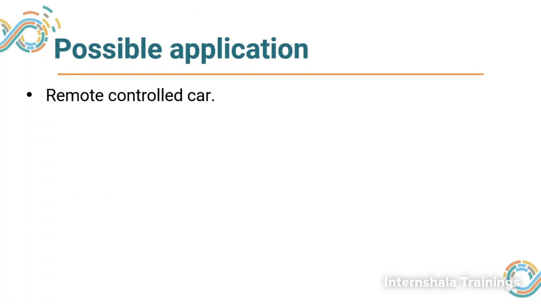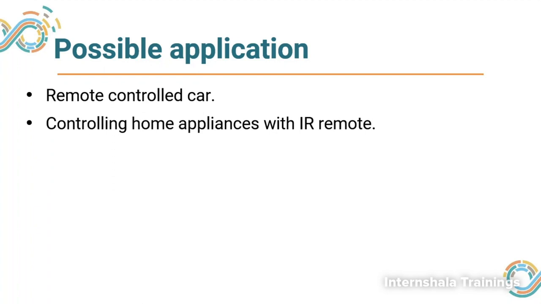A very simple getting started application for remote control is a remote controlled car, where you use up, down, left, right arrows to control its movement. You can control your home appliances also, switching them on or off using the remote. You can make useful hobby projects like a pet feeder: you press the remote and the food is given in the pet plate.